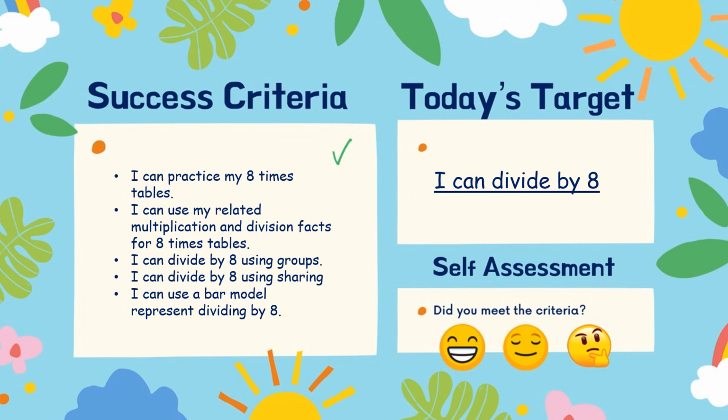And you've also used bar models to represent dividing by 8. So well done. Brilliant if you got all those questions correct today. However, if you're unsure, do not worry, as we will cover these in class once we're back in school.